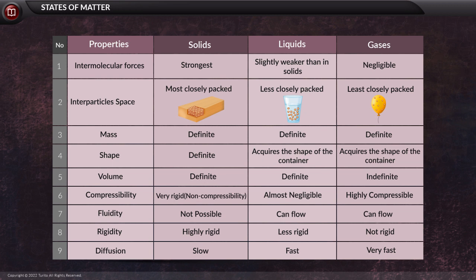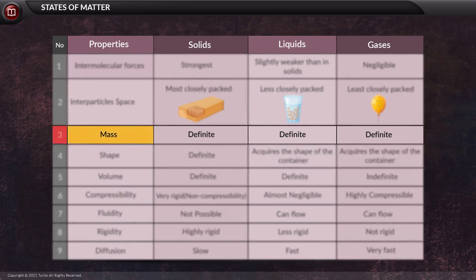Let us see the next property, which is mass. When I talk about any state of matter, remember that matter will always have a definite mass, no matter which state you consider. The next thing is shape. Solids have a definite shape because of the strong intermolecular forces acting between the particles.